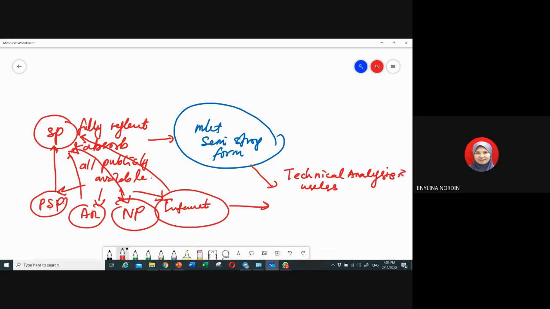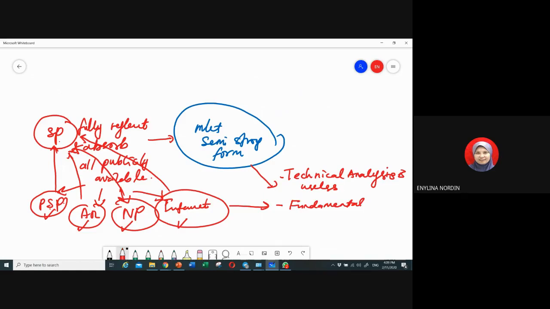And another one, there's no use for us to rely on fundamental analysis. Why is that? Because in fundamental analysis, when we study a company, we will refer to this information. We use this information to assess the company's performance. So that information is already included in the stock price.